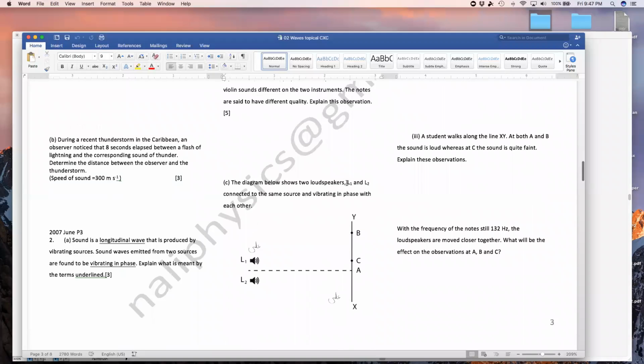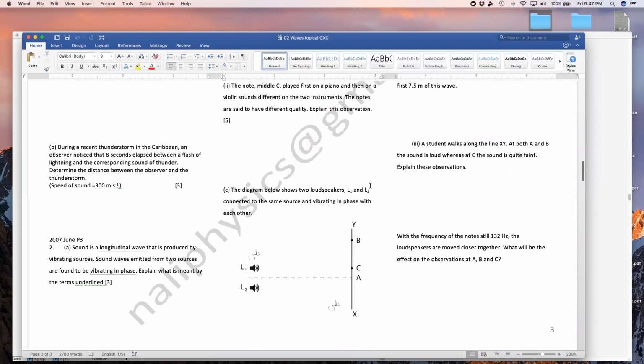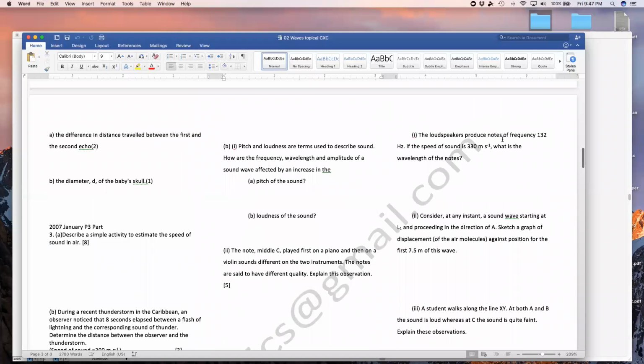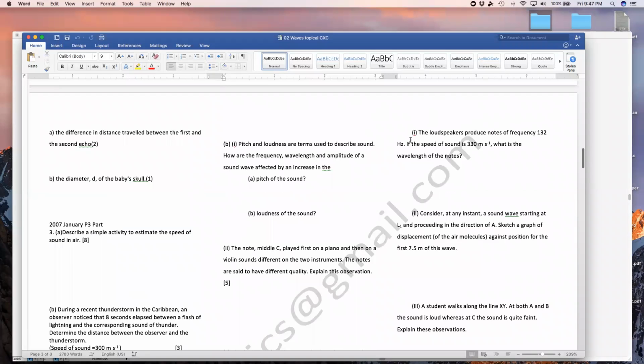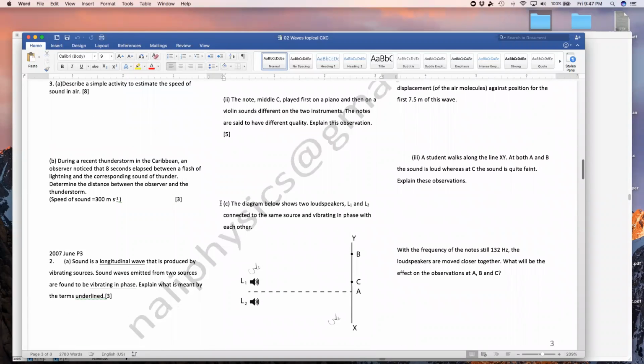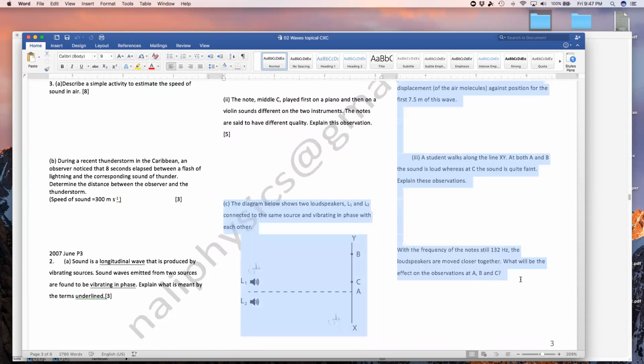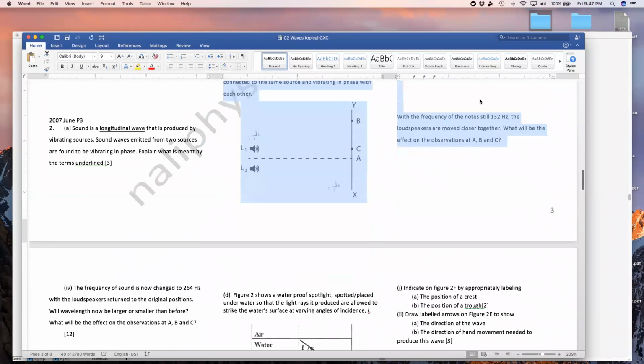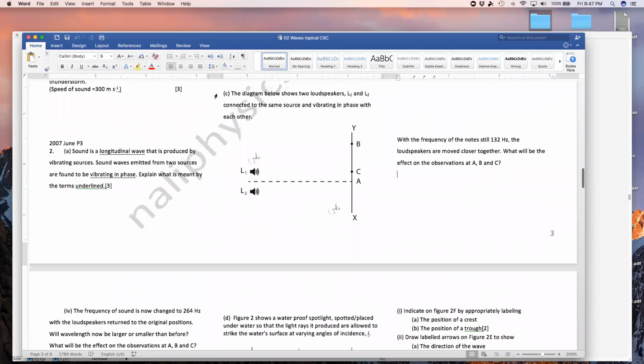The diagram below shows two loudspeakers, L1 and L2, connected to the same source, vibrating in phase with each other. The loudspeakers produce notes of frequency 132. Here I'm going to clip this out because I can't be scrolling up and down all the time.